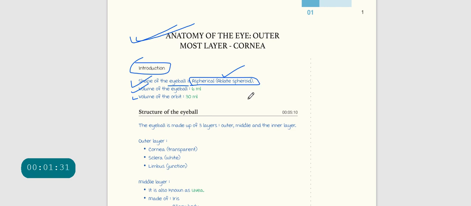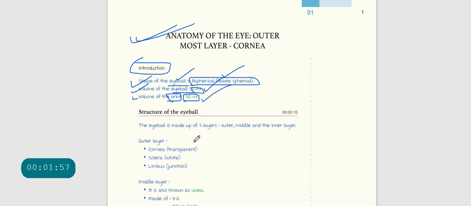Then comes the volume of the eyeball. It is 6 ml, and the volume of the orbit would be more than the volume of the eyeball, because the eyeball is itself located inside the orbit, so it is 30 ml. Volume of eyeball 6 ml, volume of orbit 30 ml, very simple.